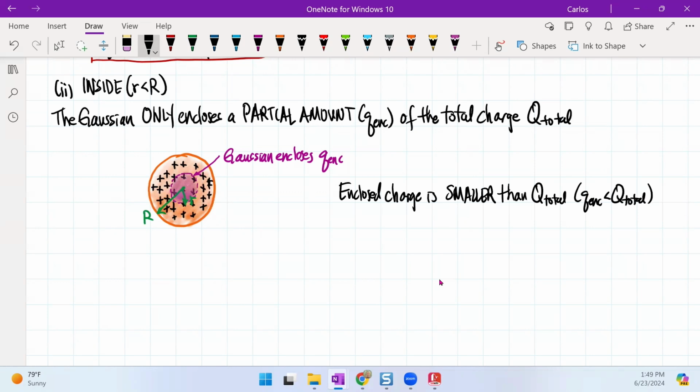And then the enclosed volume is smaller than V total.